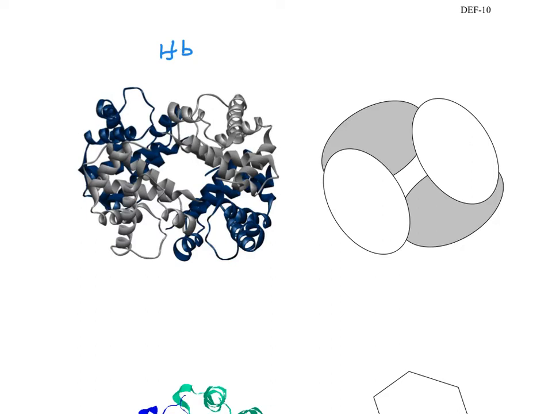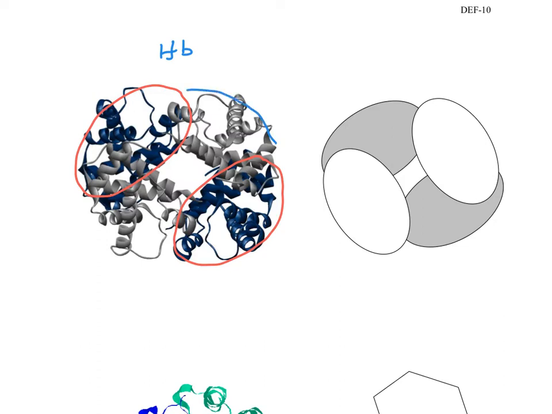and form a much larger complex. Now, I've shown this both in the real structure and in a schematic diagram to the right. Let's take a look at the real structure of hemoglobin. One of the egg-shaped myoglobin-looking structures is found right here, and an identical one, you can see how they're both the same color, at least in mine, is found right there.